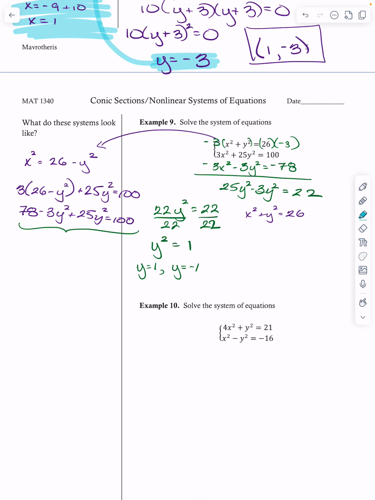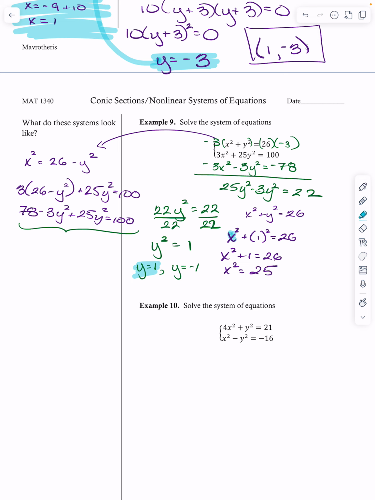So let's start with y equals 1. X squared plus 1 squared equals 26. X squared plus 1, x squared equals 25.